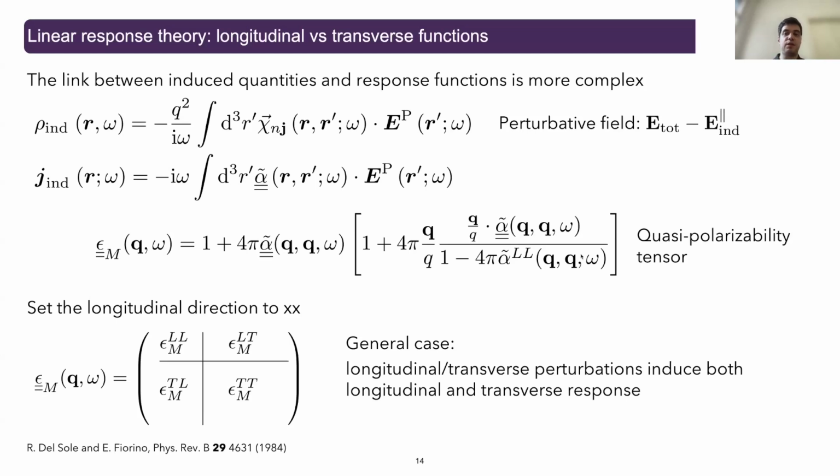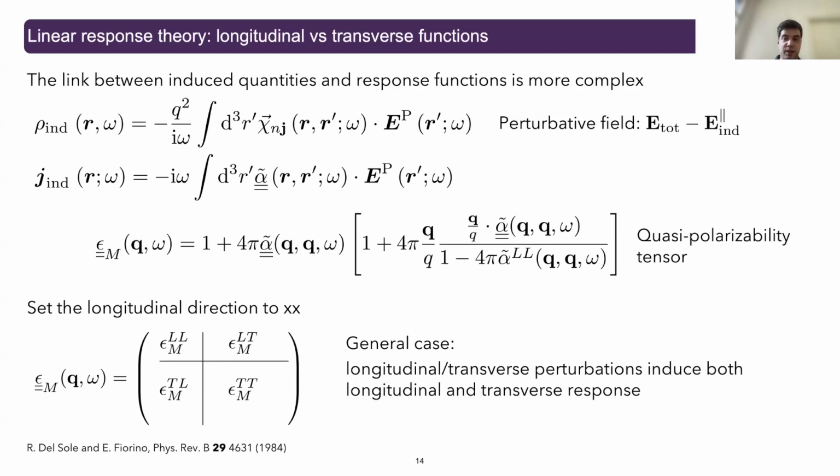Since the longitudinal currents are absent from the coupling with the vector potential, we can place them all inside the electric field created by a scalar potential, and we write the following relations for the induced current and density, and define their response to the perturbative field, which is the total field minus the longitudinal induced fields.